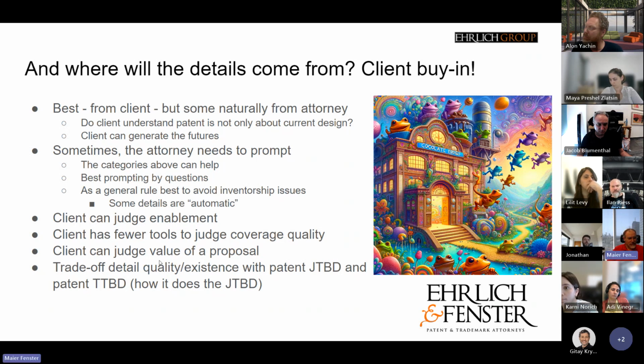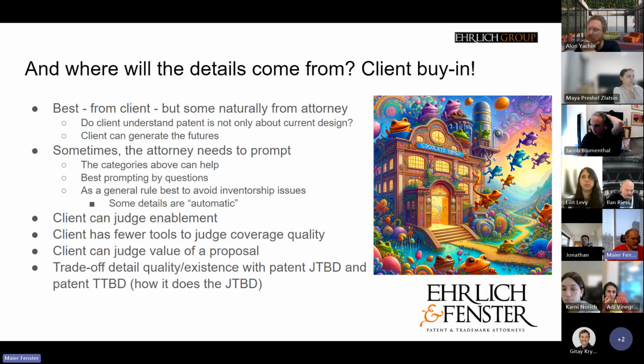What the client can't do is judge how well you covered what needs to be covered and whether there are alternatives that could bite them. And your job as an attorney is to help highlight that and suggest that more details on particular design might be interesting.